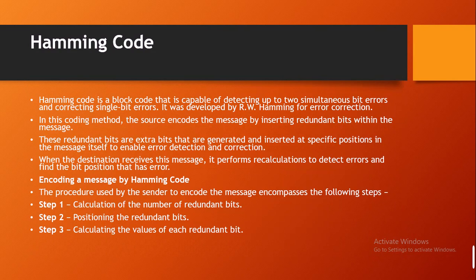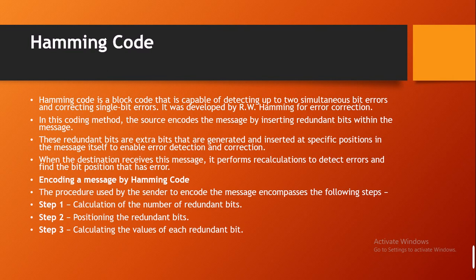Now comes the next topic, that is Hamming code. Hamming code is a block code that is capable of detecting up to two simultaneous bit errors and correcting single bit errors. It was developed by R.W. Hamming for error correction. In this coding method, the source encodes the message by inserting redundant bits within the message.